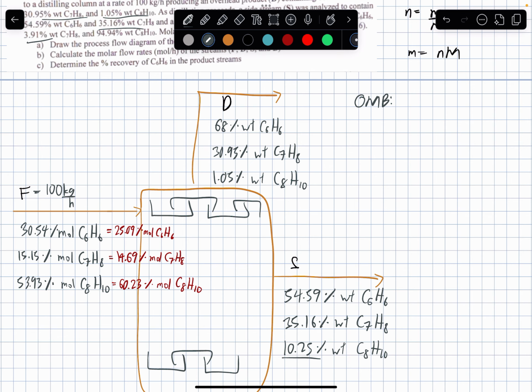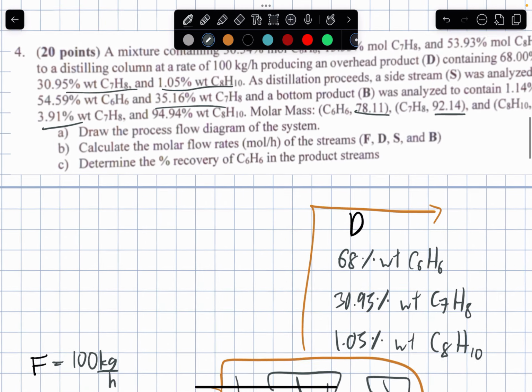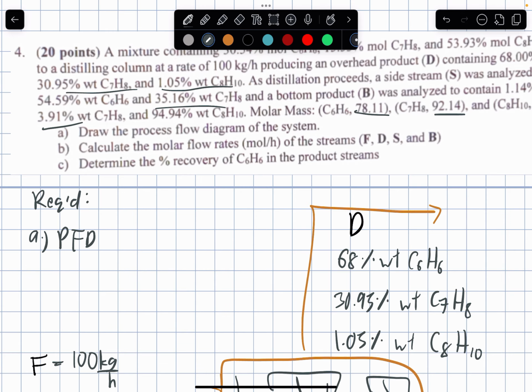let's write down our overall material balance. F is equal to D plus S plus B. Before proceeding, let's write down what is required. The PFD, the process flow diagram, we've already finished drawing it. Second, molar flow rates, as in mole per hour, for all the streams.